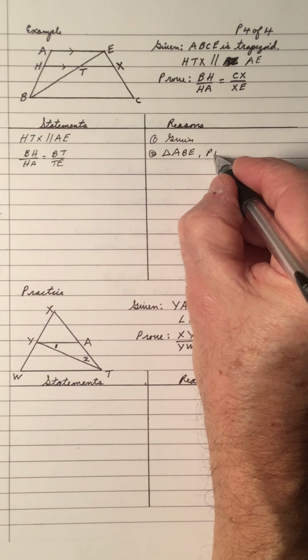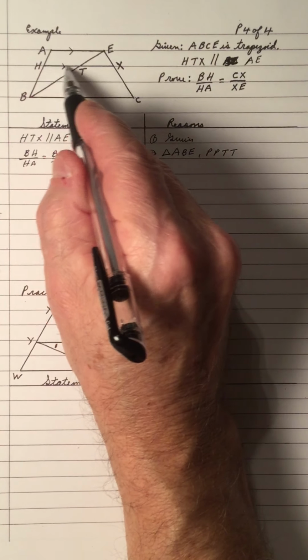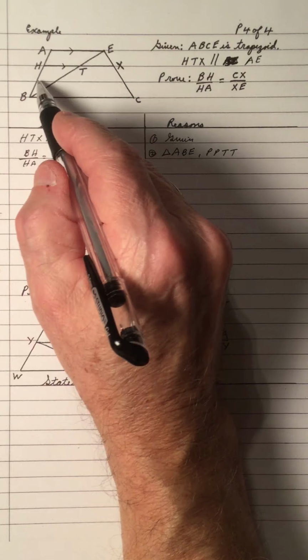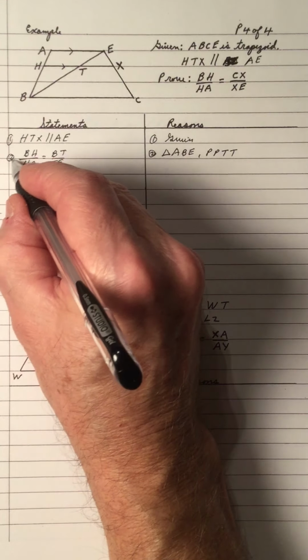That's the PPTT. In this triangle, these are parallel lines, so we got this ratio. So that's number 1. This is number 2.